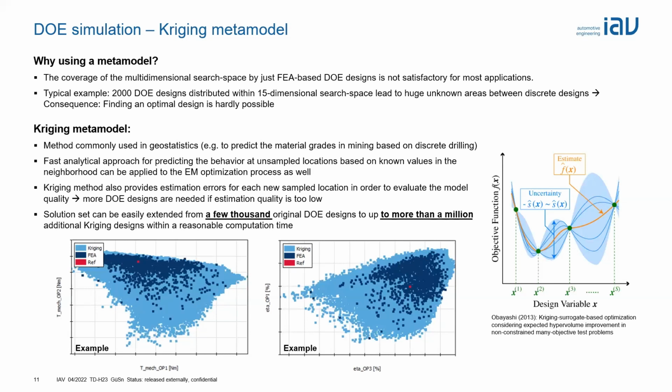And using this Kriging meta model, the solution set can be easily extended from a few thousand original DOE designs to up to more than 1 million additional Kriging designs, and that all within a reasonable computation time.